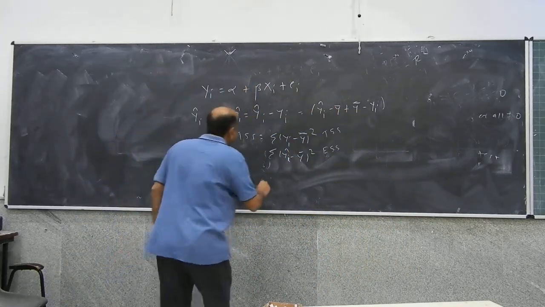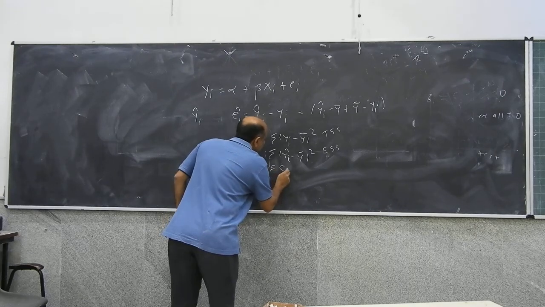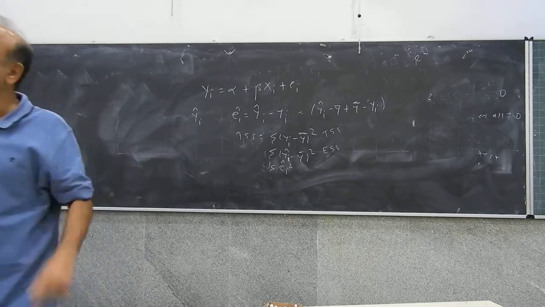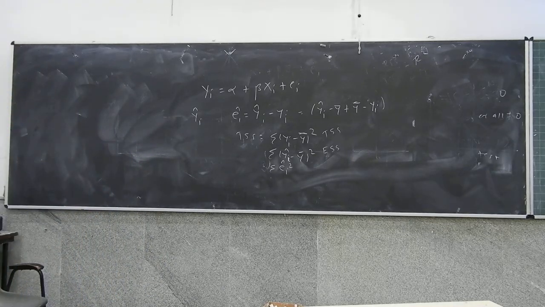And finally you have e hat I square. What is e hat I? What is ei? Error meaning what? Residual meaning what? That's why there are different names.